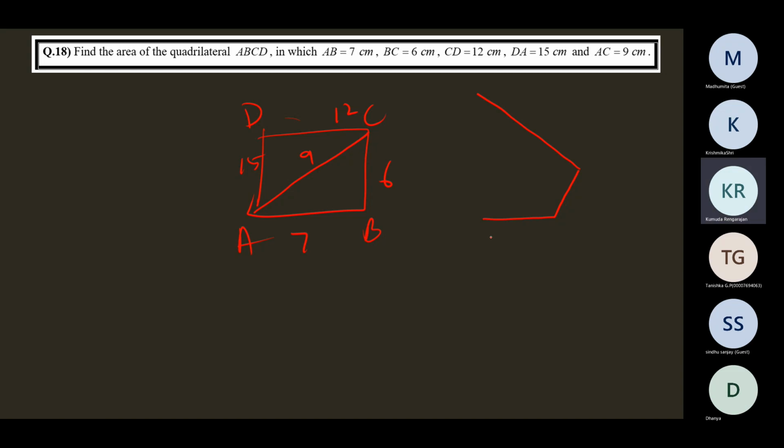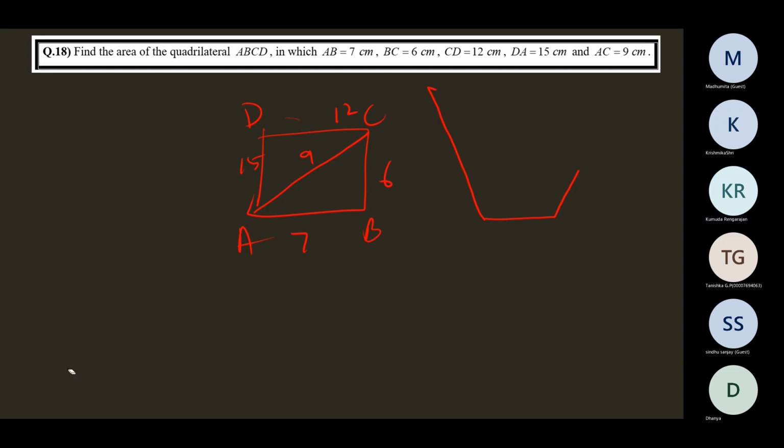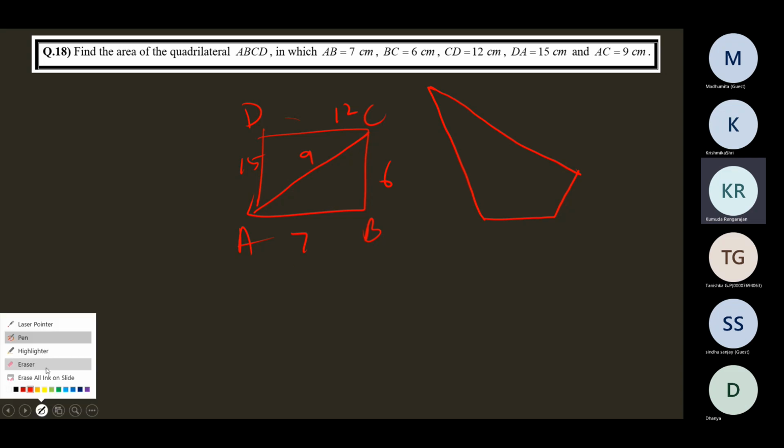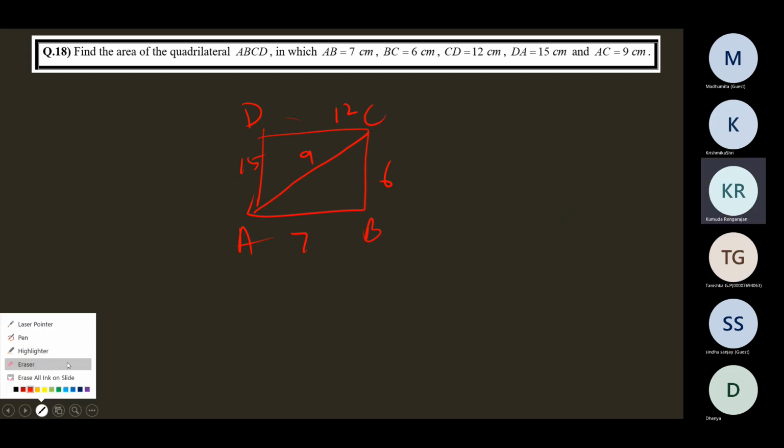So let's make it more slanting, something like this. I've drawn this figure keeping the lengths of the sides in mind. I'll do it again if you want. So this is the real rough diagram.